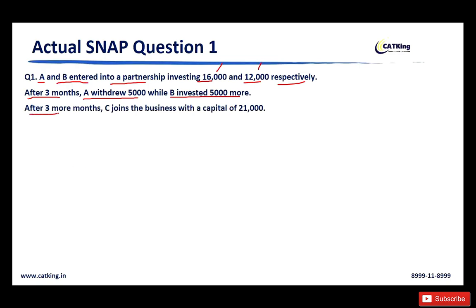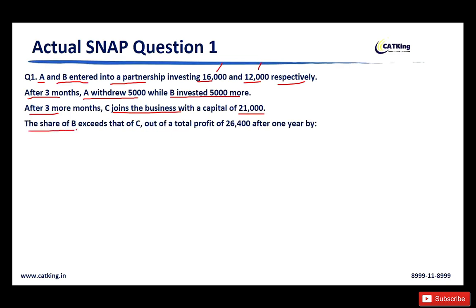And after 3 more months, C joins the business with a capital of 21,000. Now, the share of B exceeds that of C, out of a total profit of 26,400 after 1 year, by. The options given to us are 2,400, 3,000, option C 3,600 and the last option, option D, is 4,800.